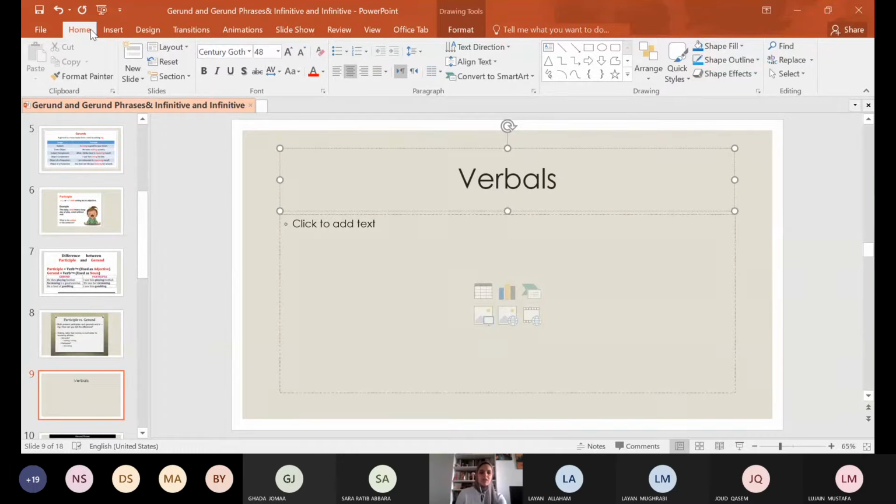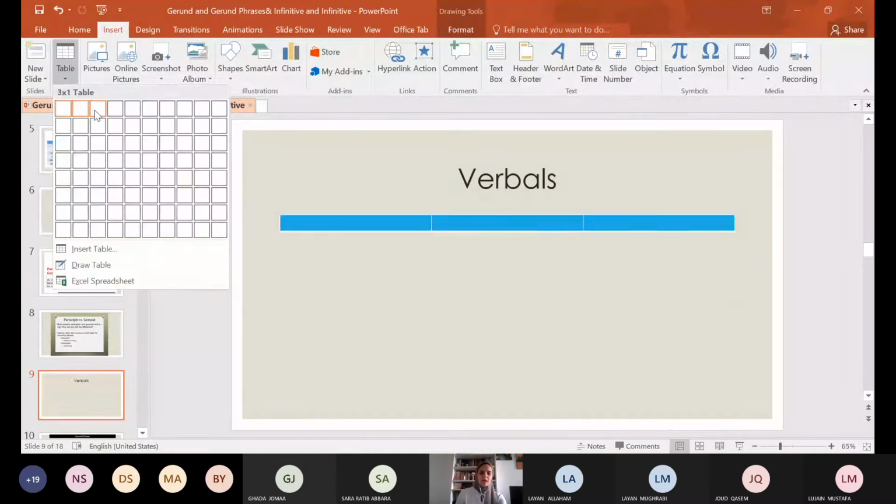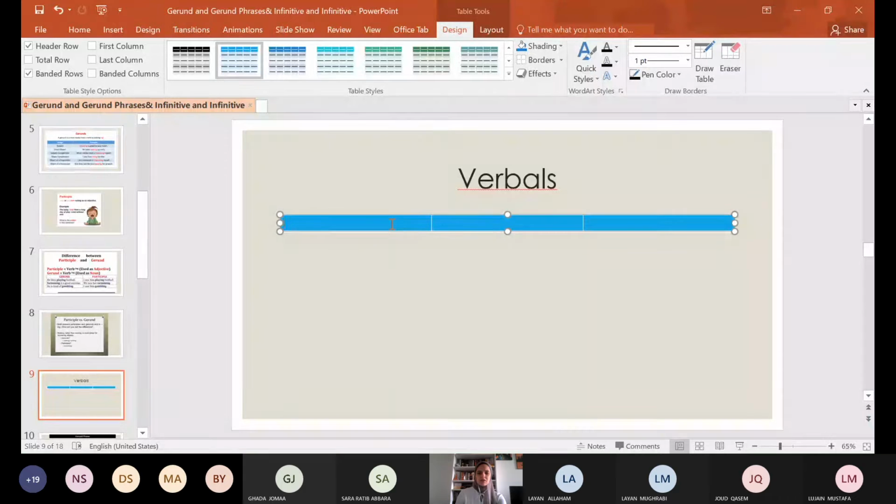Verbals are divided into 3 parts. The first one is participle. The second one is gerund. The third one we'll take later.